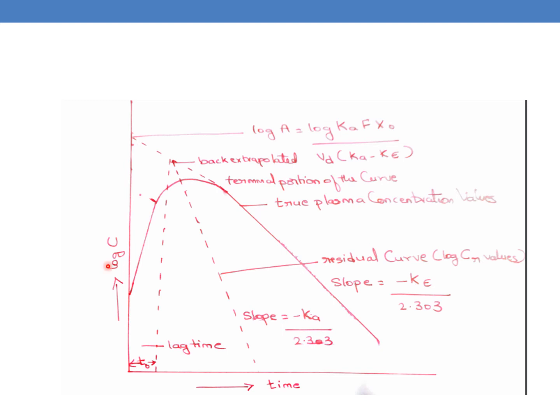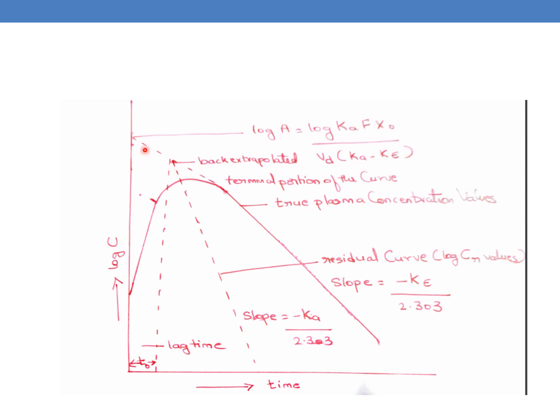This is log C versus T. Usually the terminal linear portion yields slope equals minus Ke by 2.303, and this terminal linear portion is back extrapolated to the y-axis, whose y-intercept equals log A. So log A equals log of Ka F X0 by Vd into (Ka minus Ke).